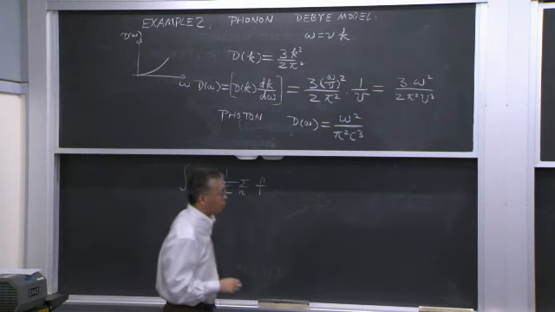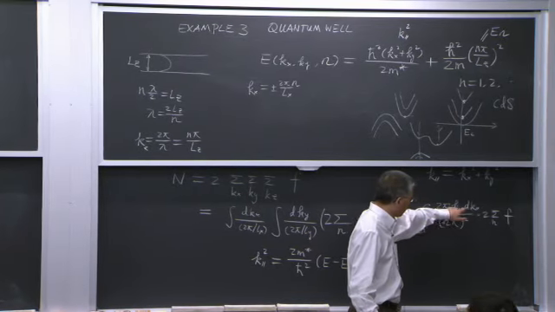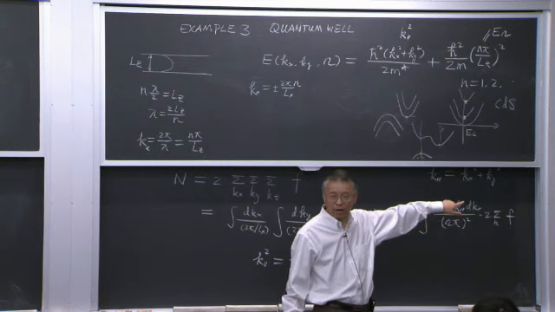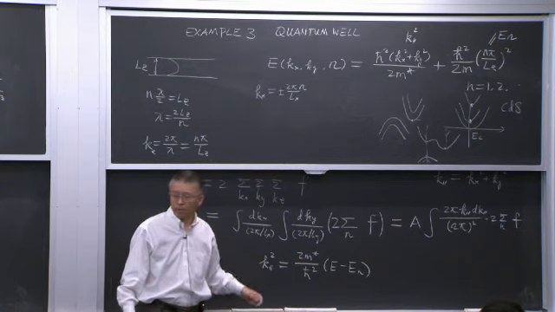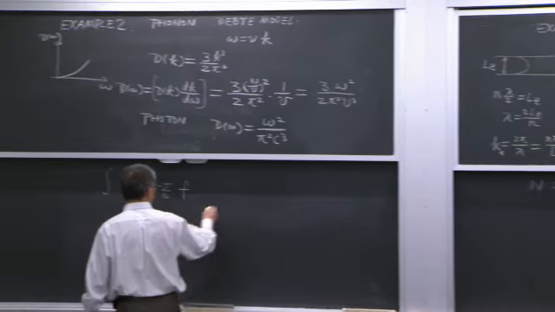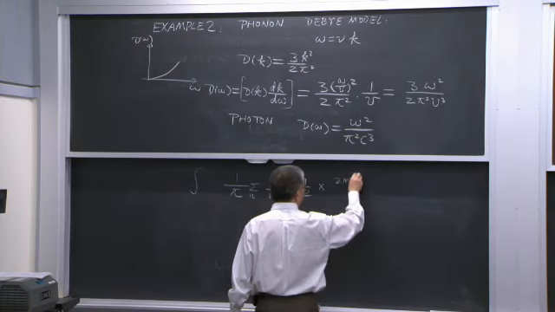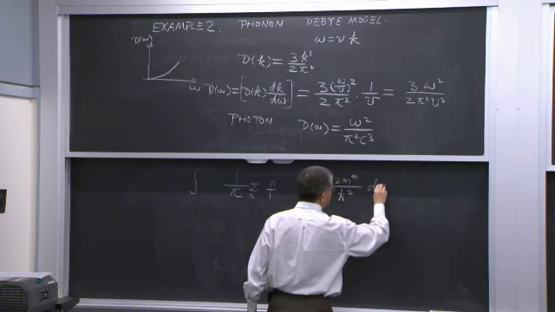And now I need to write here K parallel. In fact, if I put this in, I do the dk parallel squared, because I have it here, right? So I have a dk parallel squared. That means I have 1/2, I have 2m star, and h square and dE.